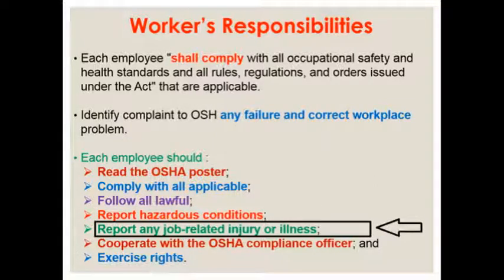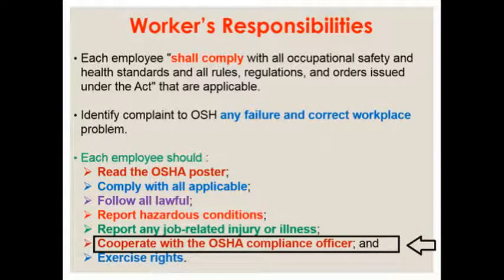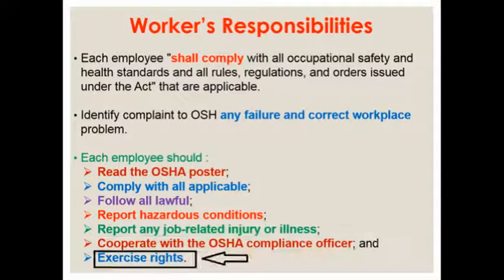Fifth, report any job-related injury or illness to the employer and seek treatment promptly. Seventh, cooperate with the OSHA compliance officer conducting an inspection about safety and health condition in the workplace. And lastly, exercise rights under OSHA in a responsible manner.